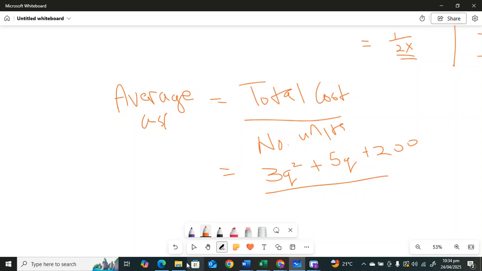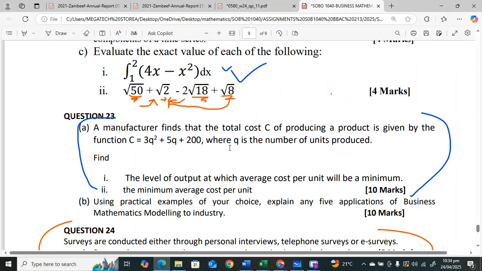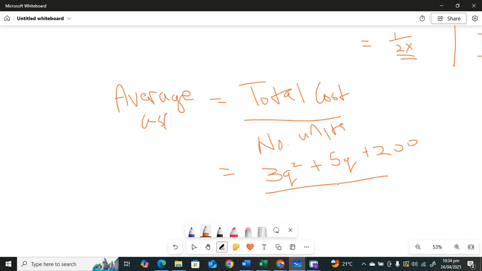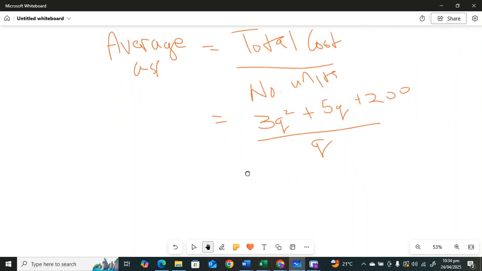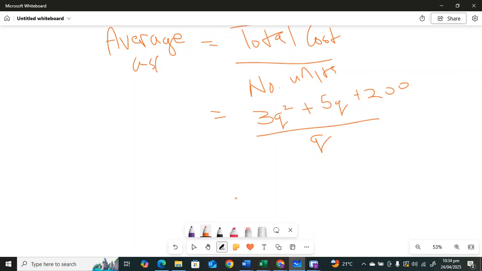And then they've told us Q is the number of units produced. So where we have number of units here, we write Q. So we just need to simplify this equation.